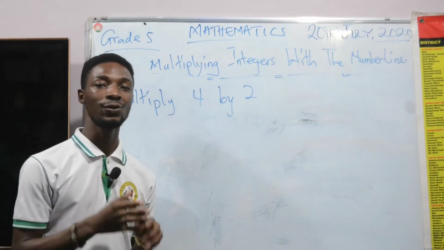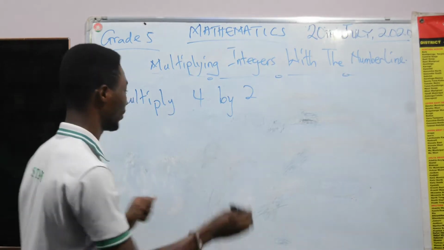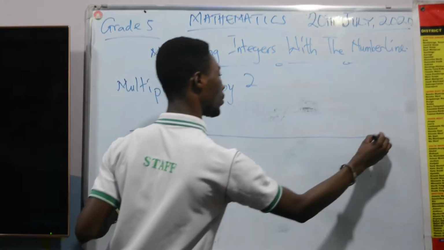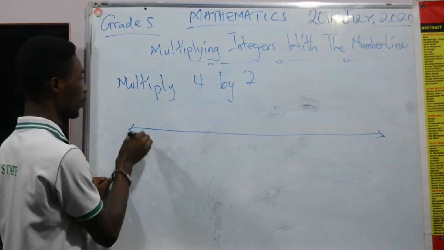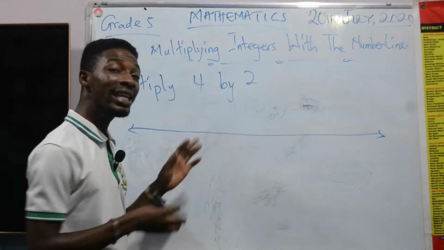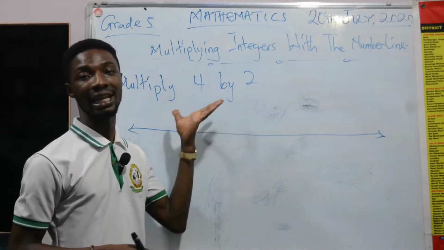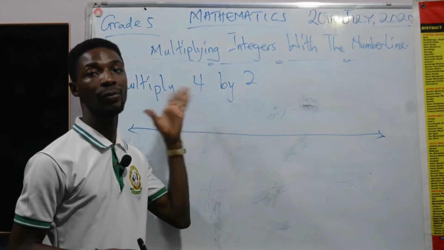The first thing to do is to draw your number line. You don't need any negative numbers on the number line, so you need to start numbering from 0.